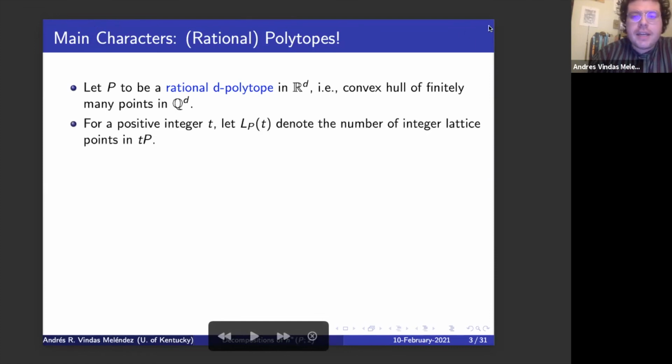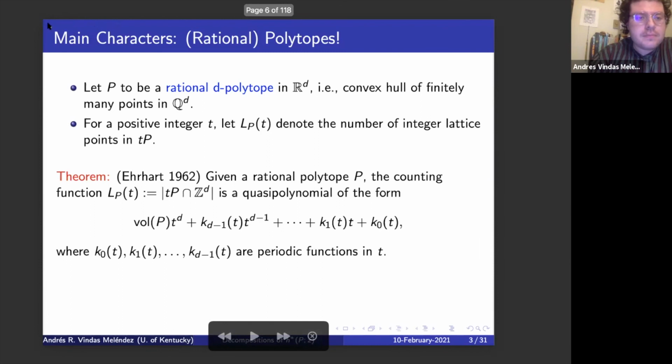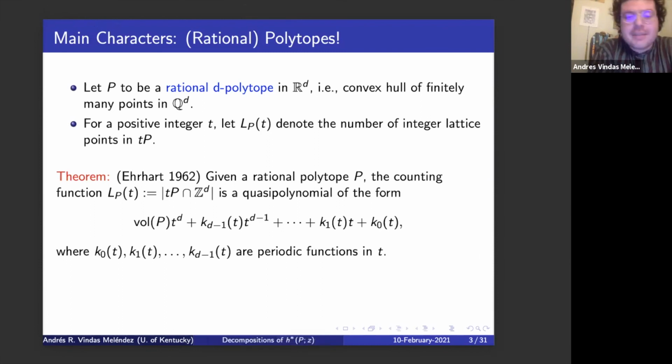Okay? And for a positive integer T, I'm going to let L sub P of T denote the number of integer lattice points in the T-th dilate of the polytope P. And so at the pre-seminar, I said that Ehrhart proved this theorem for lattice polytopes, but in fact, I think he did something a little bit stronger or more general: if we're given a rational polytope P, the counting function is actually a quasi-polynomial of this form, okay?